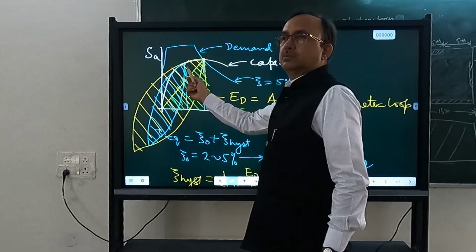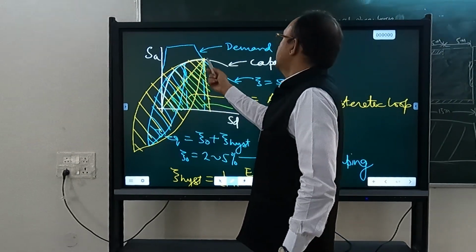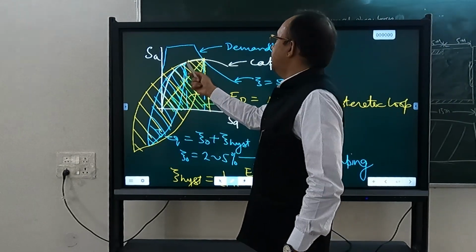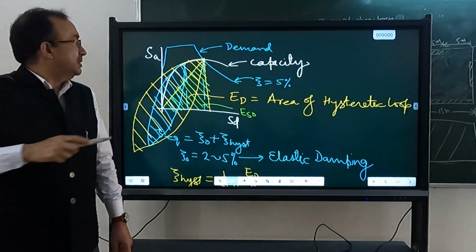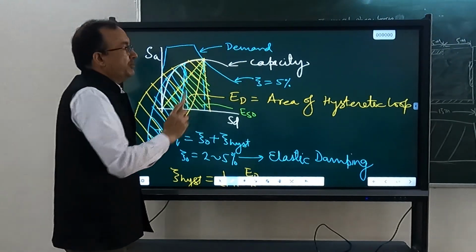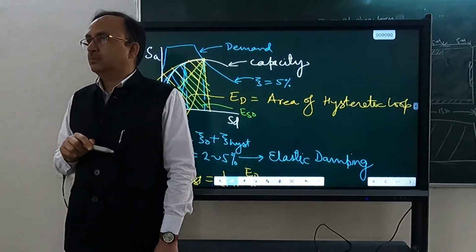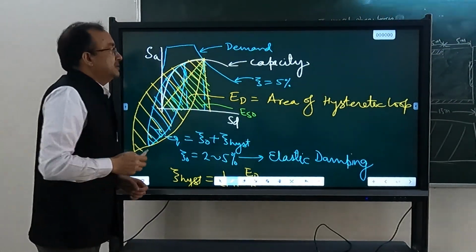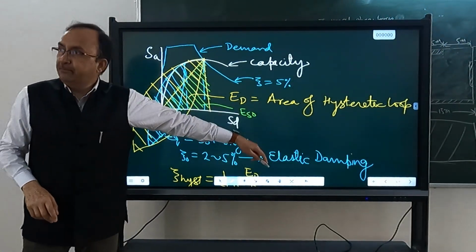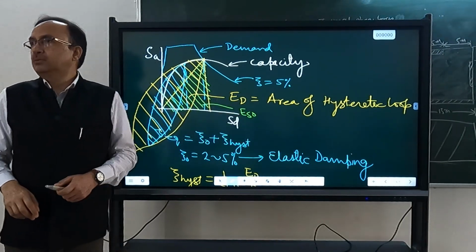The blue curve was having a different amount of damping. This will have different damping, and the damping goes on increasing as the displacement increases. The demand curve is plotted for 5% damping. So what do I have to do? I have to adjust the demand curve for the damping actually present.